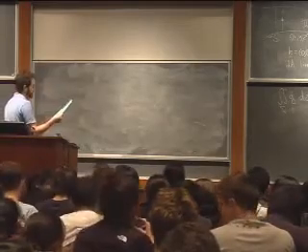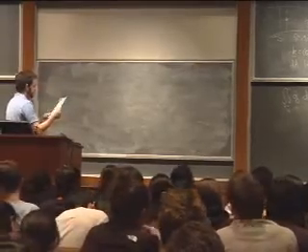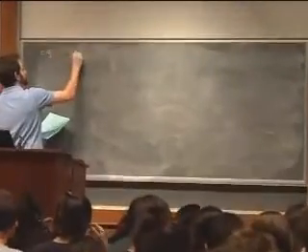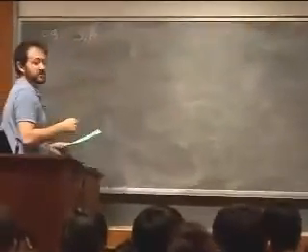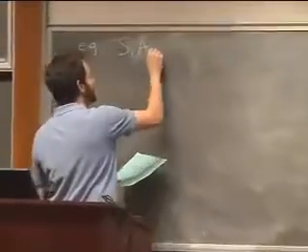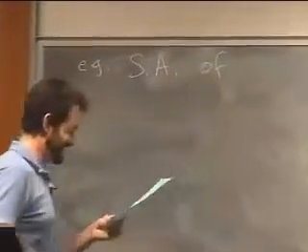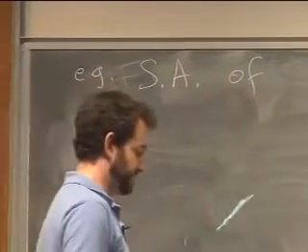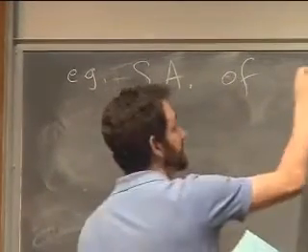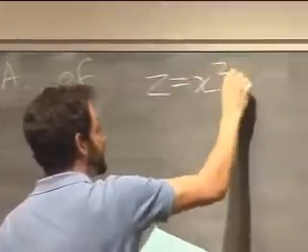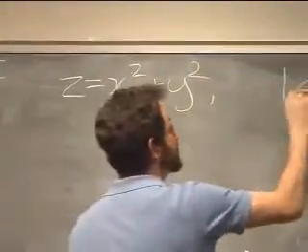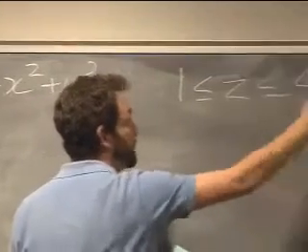So the example I have in mind is this. Find the surface area, SA, not South Australia, in case anyone was wondering. I doubt that you were. The surface area of Z equal x squared plus y squared, where 1 is less than or equal to Z is less than or equal to 4.